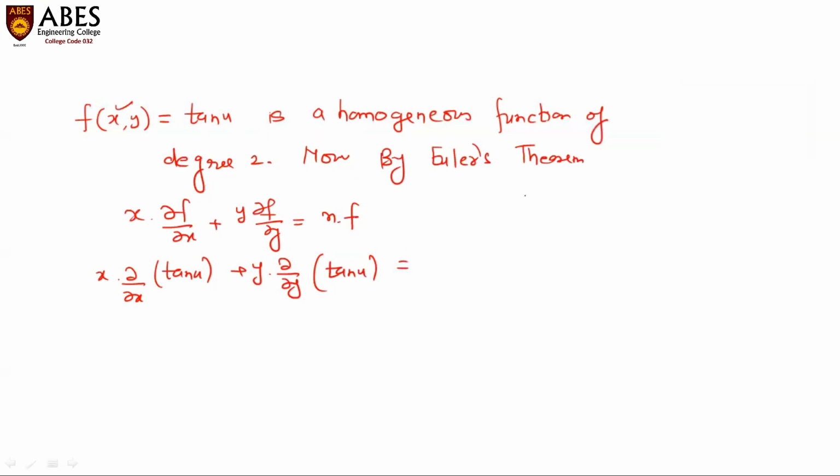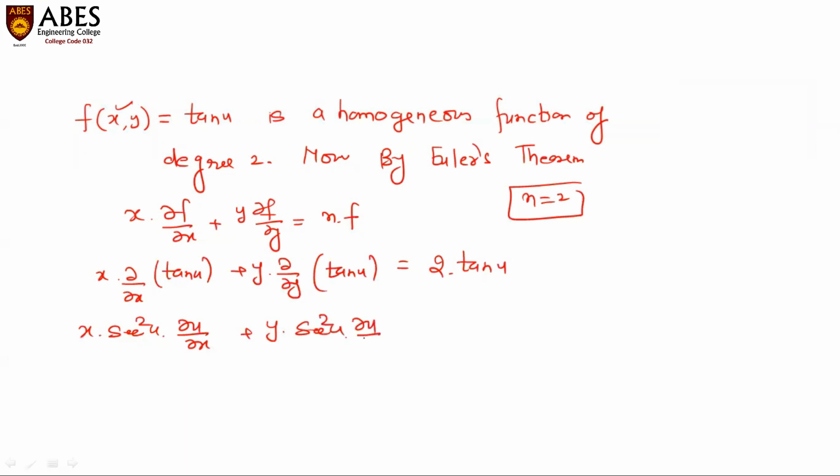The value of n is 2 because the degree of the given homogeneous function is 2, so 2 into tan u. Now differentiate tan u with respect to x and with respect to y. Then x into sec square u del u del x plus y into sec square u del u del y equal to 2 into tan u.